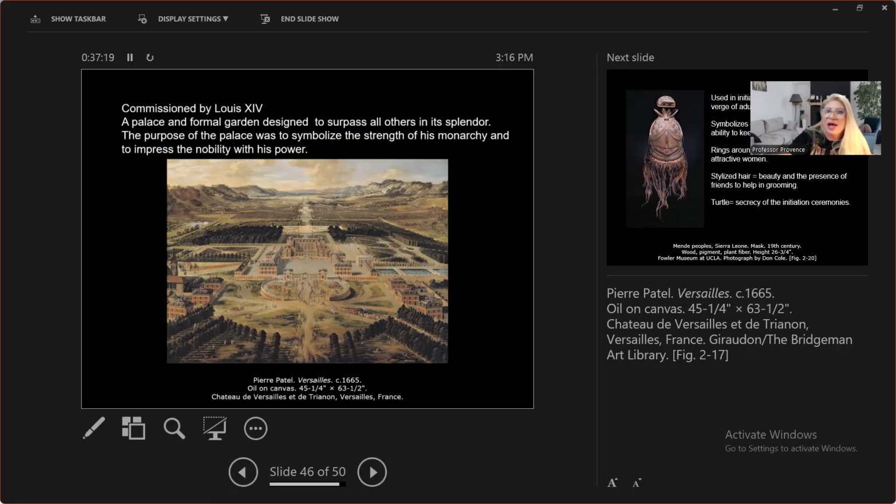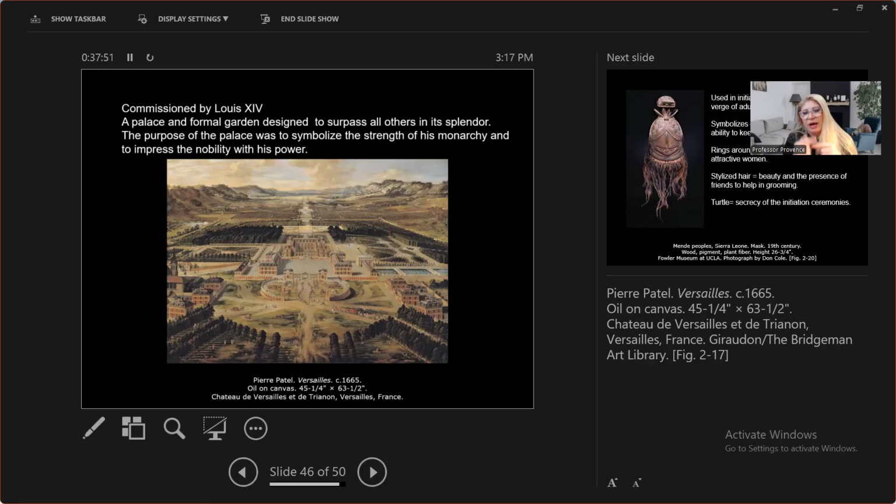So by the time Louis the 16th comes into power, very young, when him and Marie Antoinette became king and queen, you end up with the French Revolution.